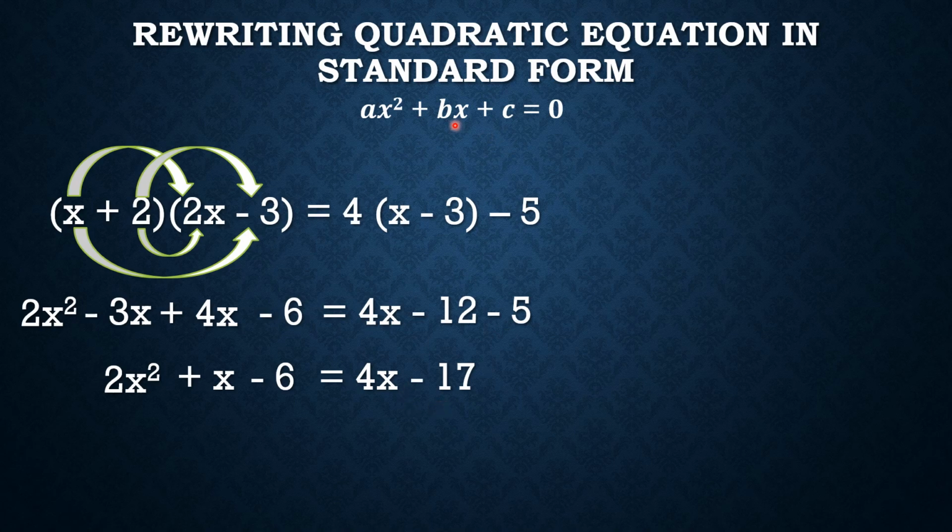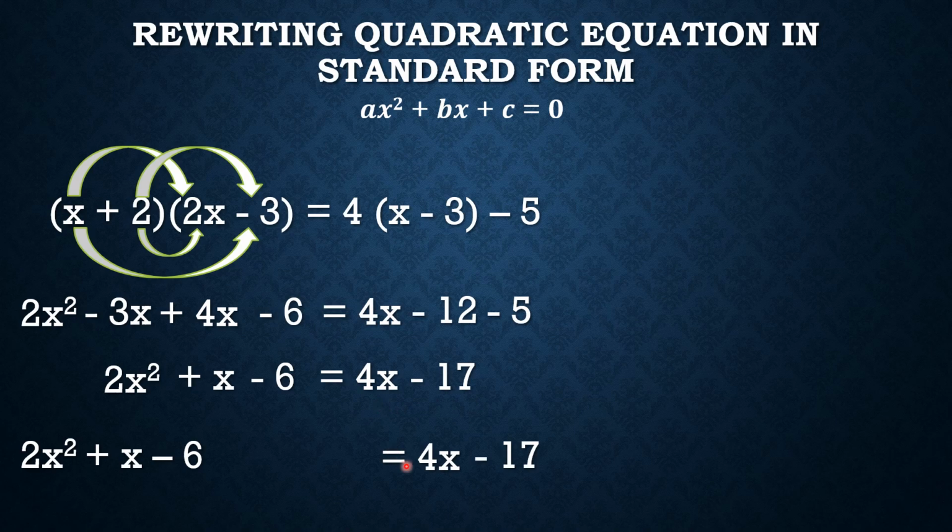Now, we want this side to be equal to 0. So, para maging 0 ito, we need to apply the addition property of equality again. So, para mawala si 4x, we need to add negative 4x on both sides. Para mawala naman si negative 17 here, we need to add positive 17.